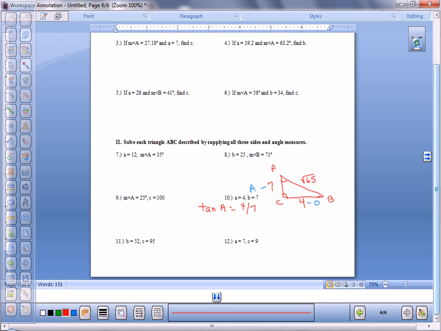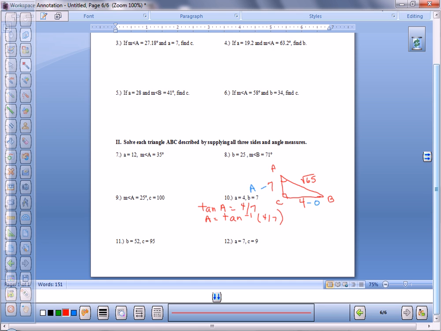So on your calculator, if you are currently using my class set, if you punch the tangent button twice, you get inverse tangent. If you have your own, you do the second button and tangent. If you're at home doing your homework and you have neither, but you might have a smartphone, if you turn the calculator on and you turn it sideways, you get a lot more functions out of it.